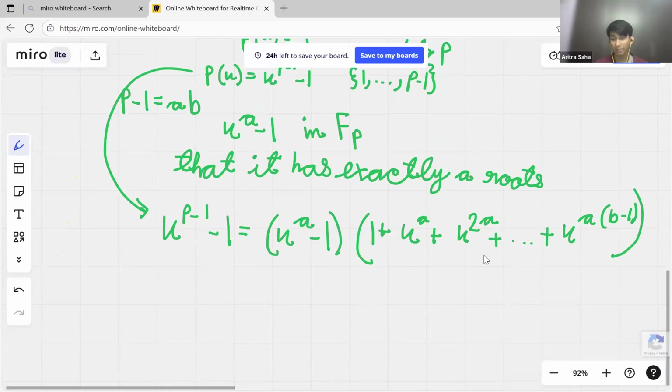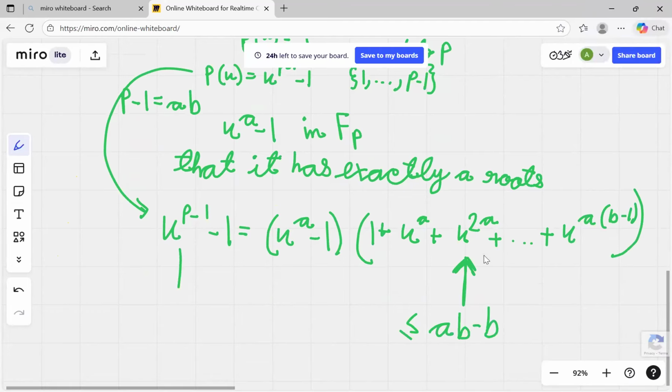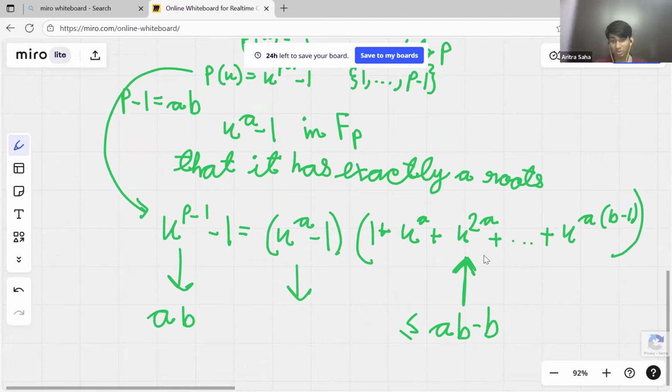And what is the number of roots for this polynomial? It is less than or equal to AB minus A, right? And you know that x to the power AB minus 1 has exactly AB roots.